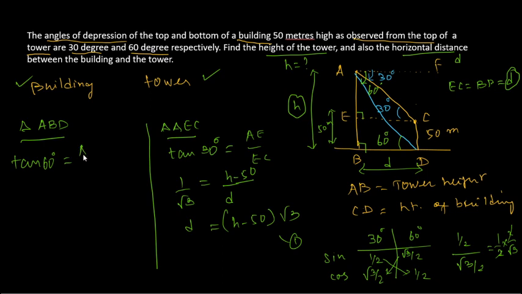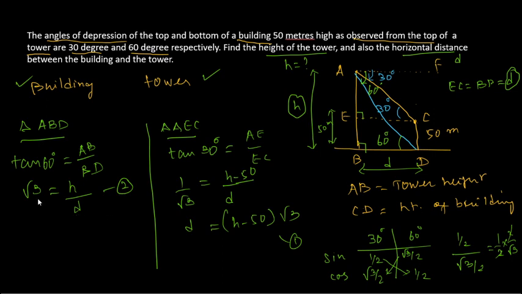So you can write AB by BD, right? So tan 60, which is root 3, is equal to AB, which is nothing but H, divided by BD. BD is nothing but D. Okay, BD is nothing but D. So this is equation 2.